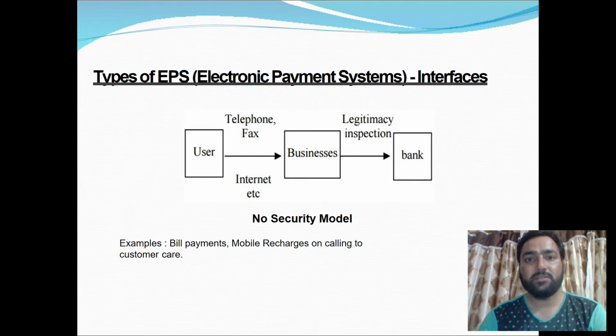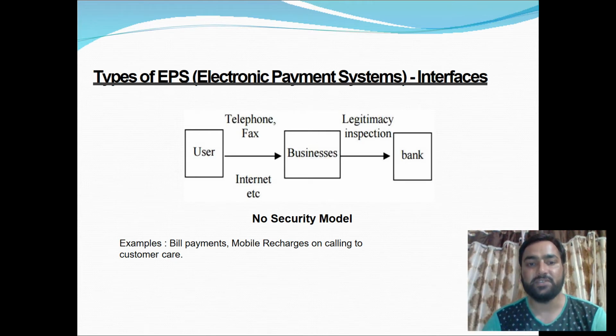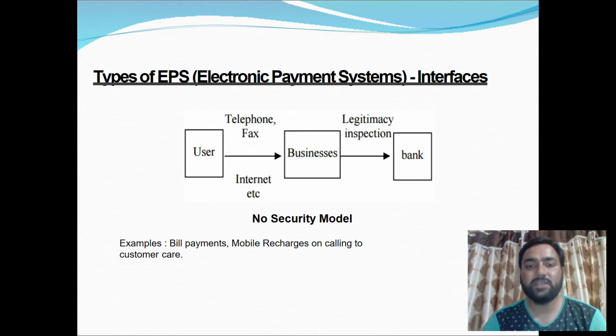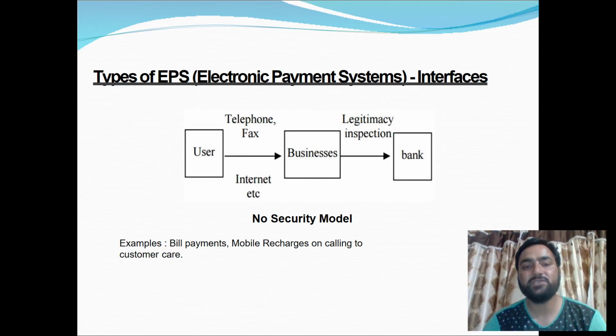So then we're discussing other types of electronic payment system interface. In the interface, first we are discussing the no security module, where no security is being used. In that, a user uses an internet connection with the e-commerce portal and then makes payments through the bank. The bank verifies the information provided by the user and then makes the payment successful.